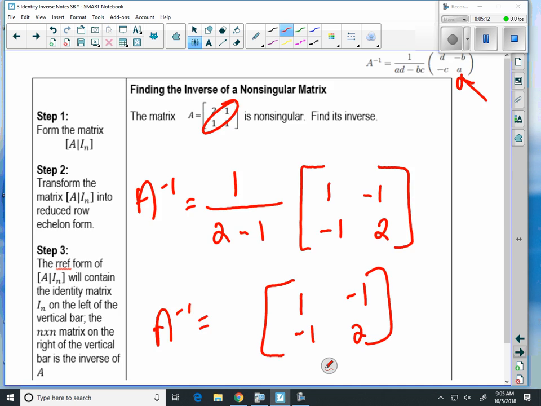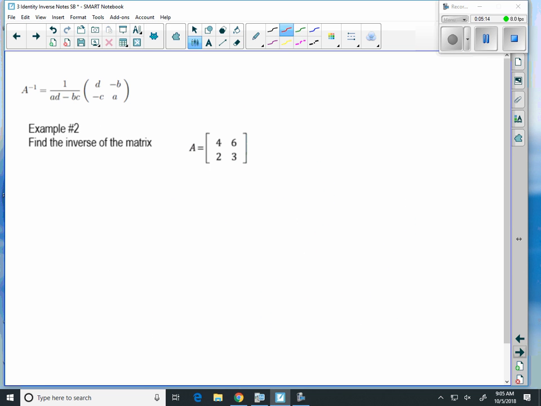Okay, let's go ahead and do the next one together. Okay, so if we look at our determinant, what's going to be my first number? 4 times 3, 12, minus 6 times 2, 12.